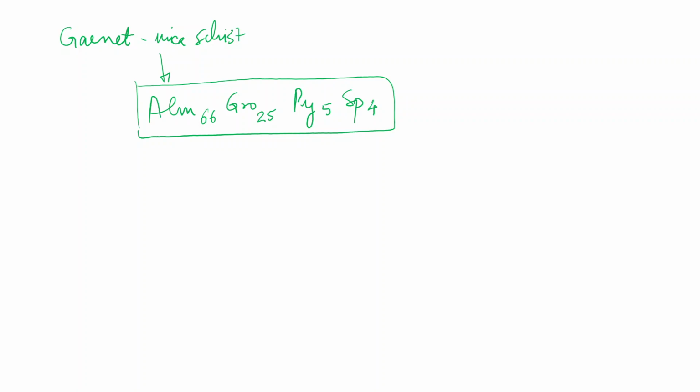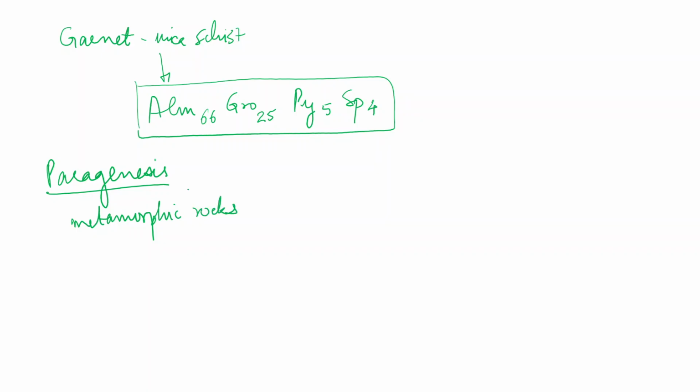Luster is vitreous, and fracture is conchoidal to uneven, having a hardness of 6.5 to 7.5. So once we talk about the paragenesis of garnets, garnet is especially characteristic of metamorphic rocks, very commonly found in metamorphic rocks.